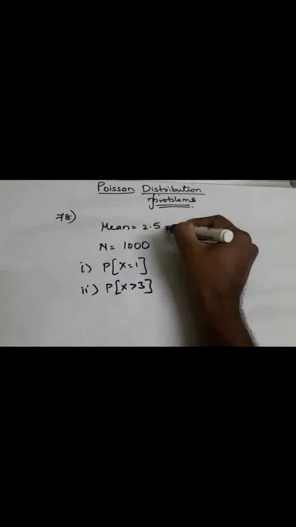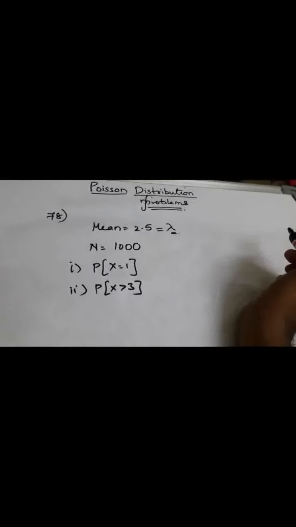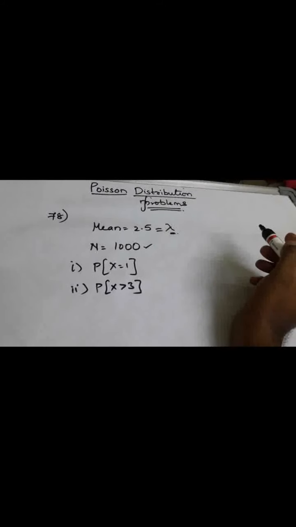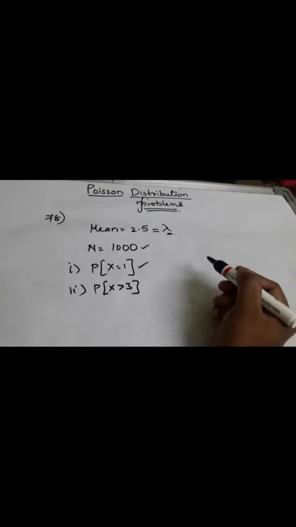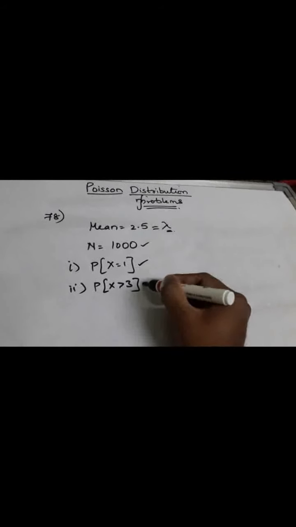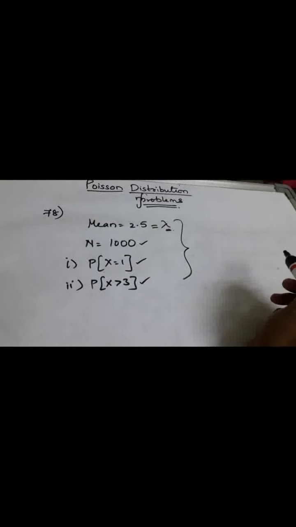So a similar kind of problem. The mean of the Poisson distribution can be taken as lambda, that is 2.5. Capital N, 1000 taxi drivers. Question number 1 asks for only 1 accident in a year, and question number 2, more than 3 accidents. Similar kind of problem, just like 77. Use the PMF form, substitute x as 1.